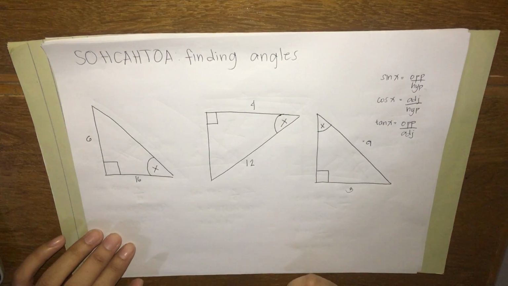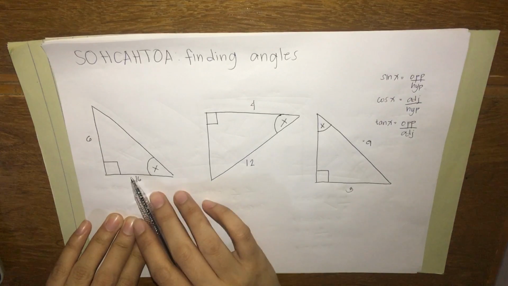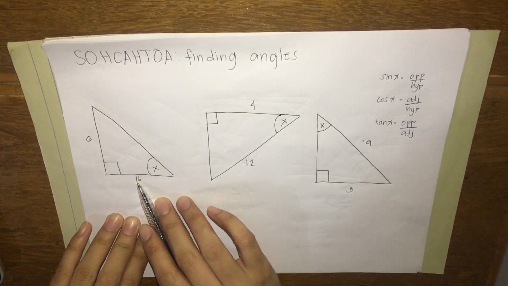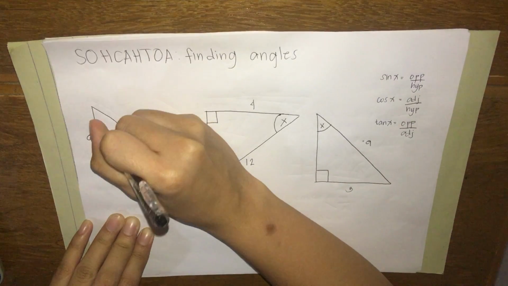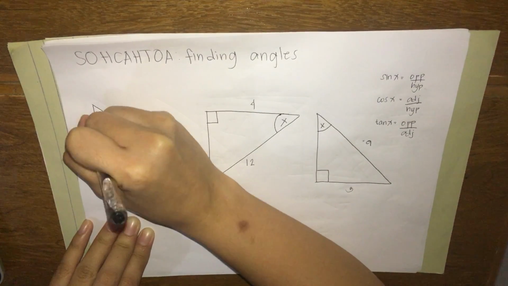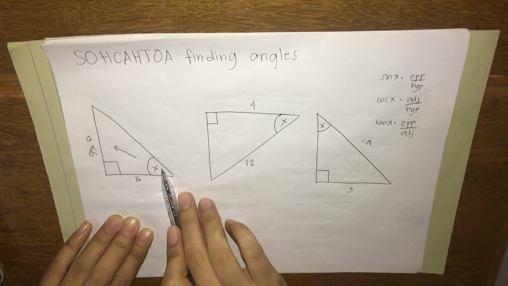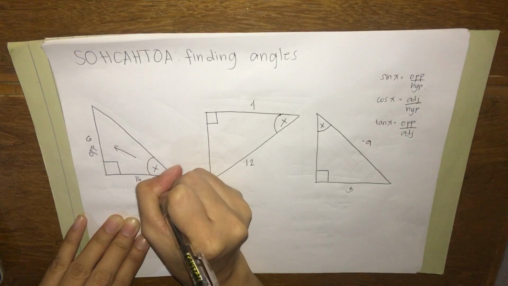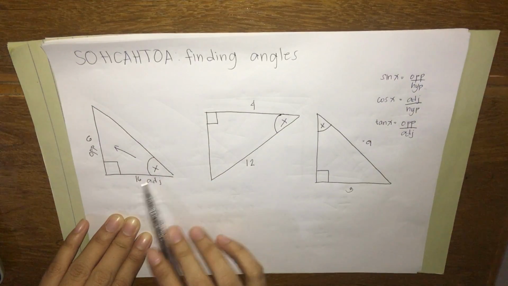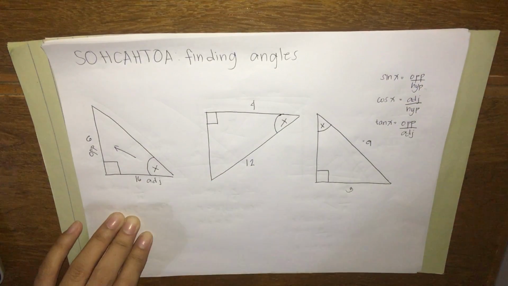We're going to identify which side is the given. So here, the 6 here is the opposite because it is the opposite of the angle. And here, this is the adjacent because it is next to the angle.